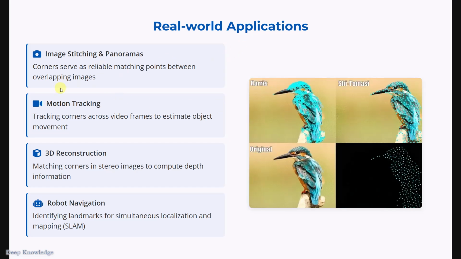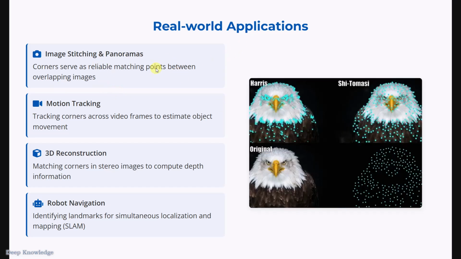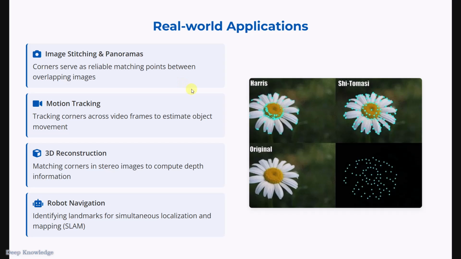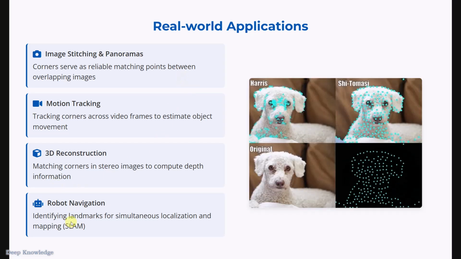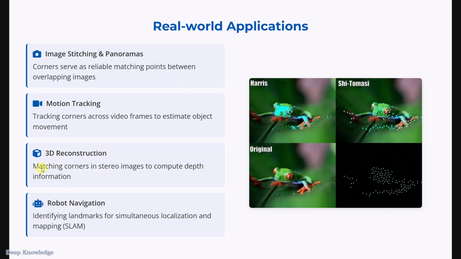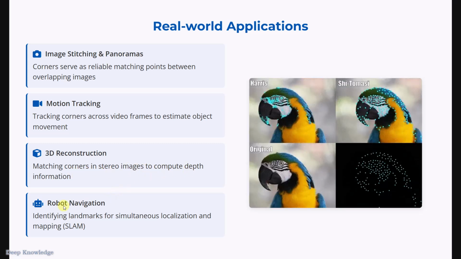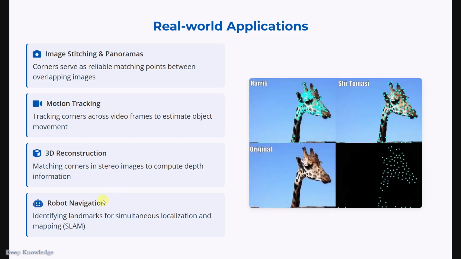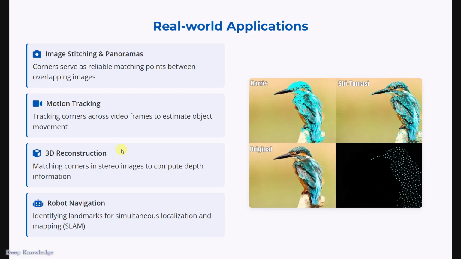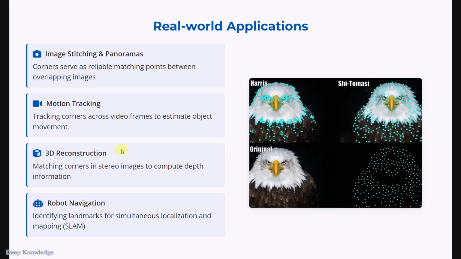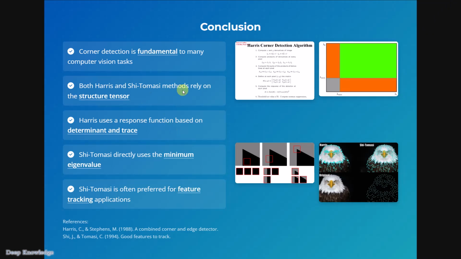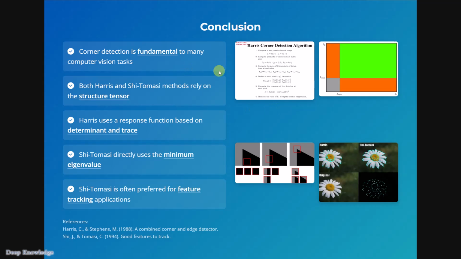Some applications we have already seen in the beginning. For instance, 3D reconstruction, which is matching the corners in stereo images, and also robot navigation, where you have a robot and you need to localize an object to pick it.